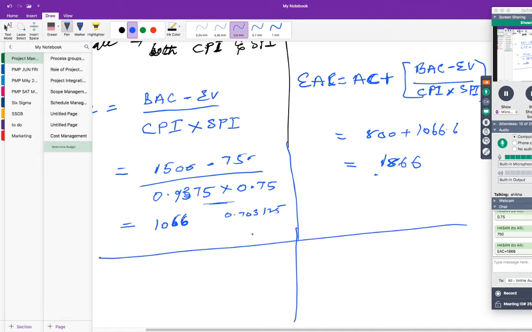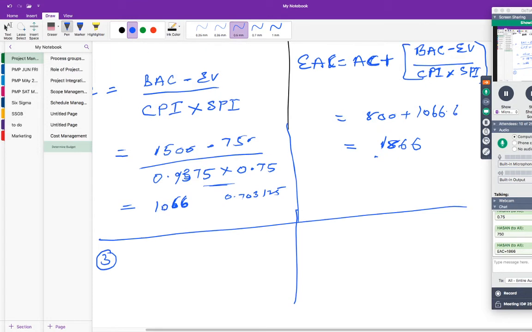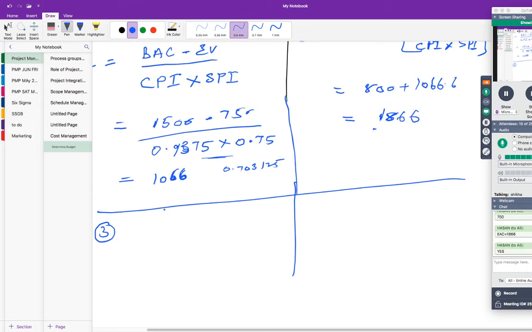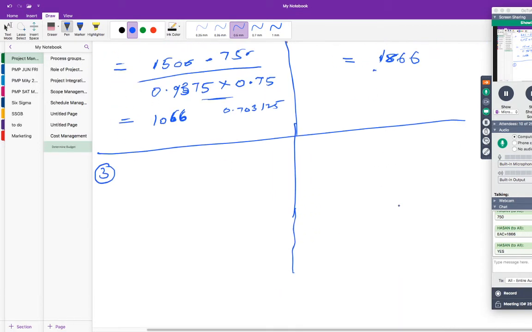Are we okay? Shall I move on to the third scenario? Is everyone fine? Okay. The third scenario is an optimistic scenario, so you think positive.